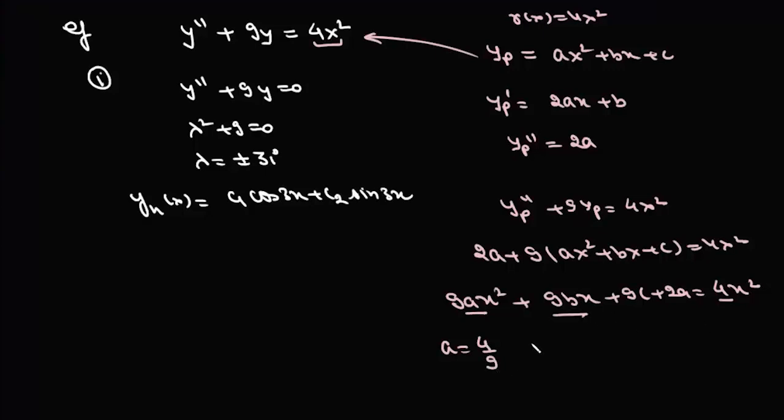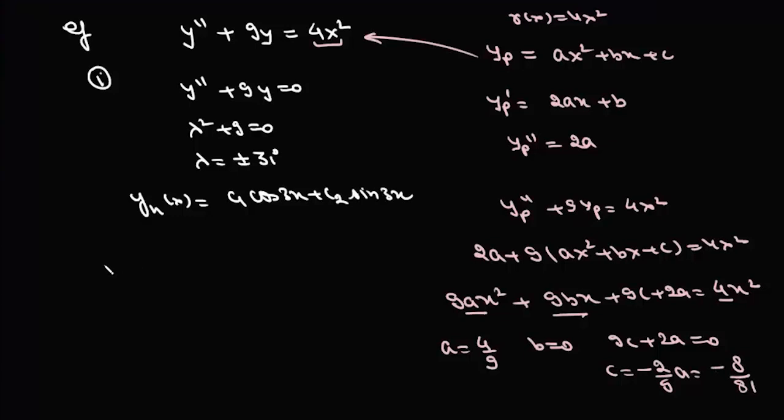Now there is no term of x, so basically b is 0, and then we'll have 9c plus 2a equals 0, or basically c is minus 2 by 9 times a, which is minus 8 by 81.